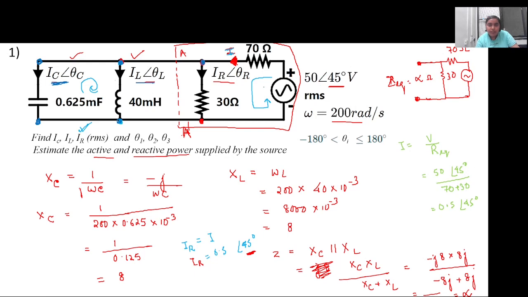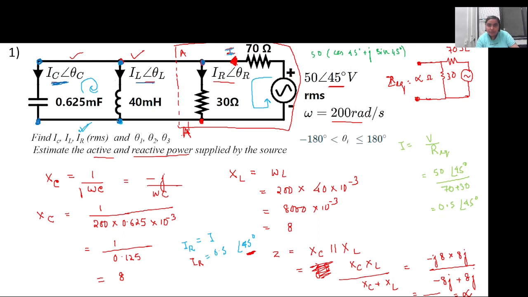This is kind of a sinusoidal analysis, right? You can write this as 50 cos of 45 degree plus j sine of 45 degree. We are just writing it for our calculation in polar coordinates.